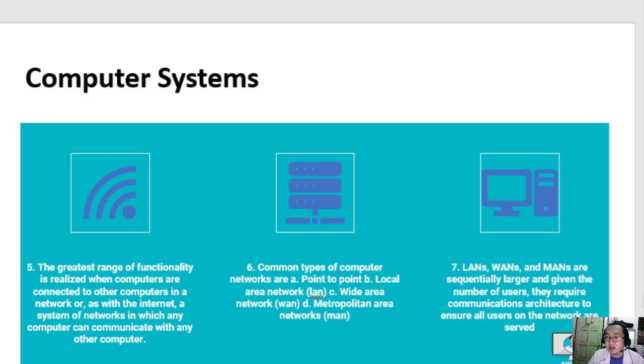LANs, WANs, and MANs are sequentially larger, and given the number of users, they require communication architecture to ensure all users on the network are served. If the network capacity is small, users will experience very long waits to access data, and if this persists, the system crashes, especially if there are thousands of users in a very limited system.